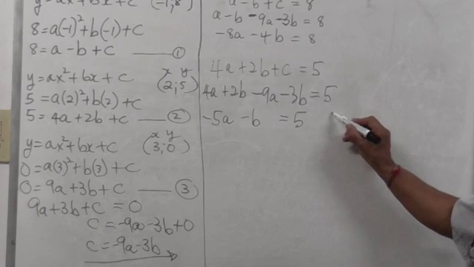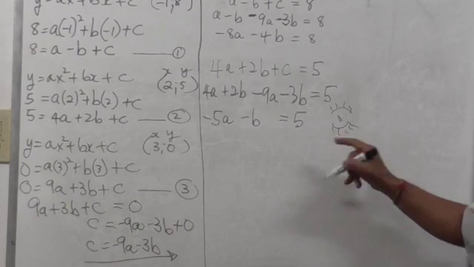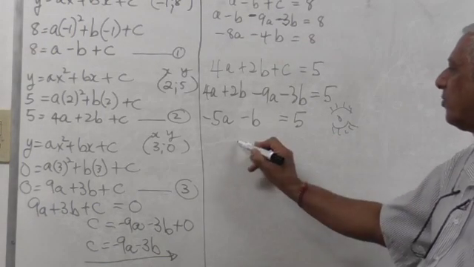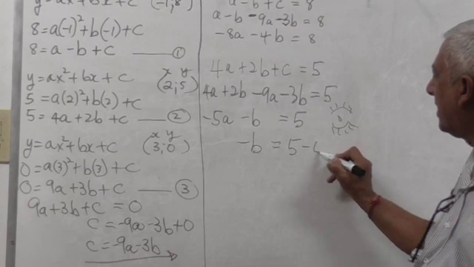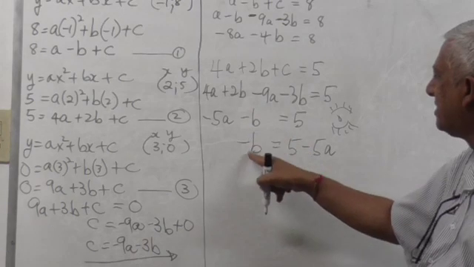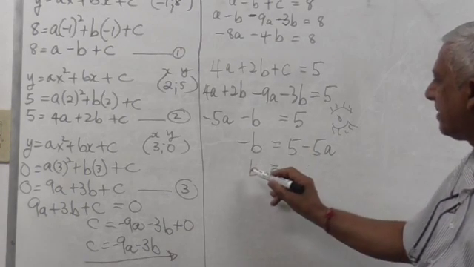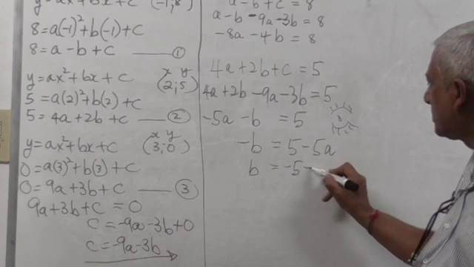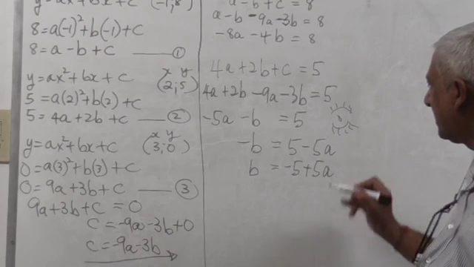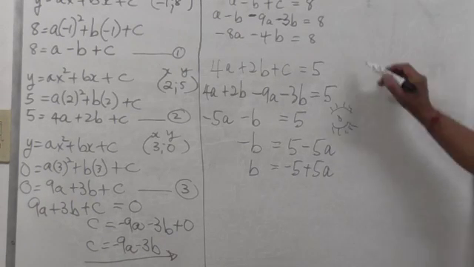Once again, we look at this one. We can see that we can solve for b here easily. b is equal to 5 minus 5a. But this is minus b, so to get plus b, minus 1 times minus b gives you plus, minus 1 times 5 gives you minus 5, and minus 1 times minus 5a gives you 5a. So b is equal to minus 5 plus 5a.